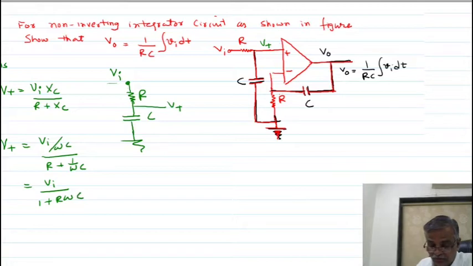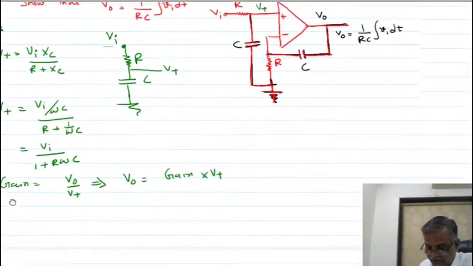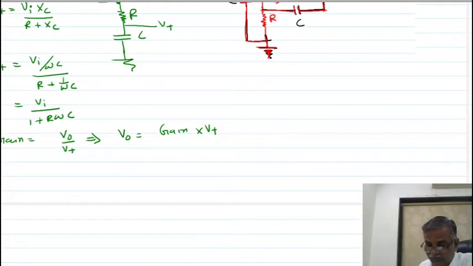Now already you know this is your non-inverting amplifier. So what is the gain? Output upon input. So I can write the output as gain multiplied by input.